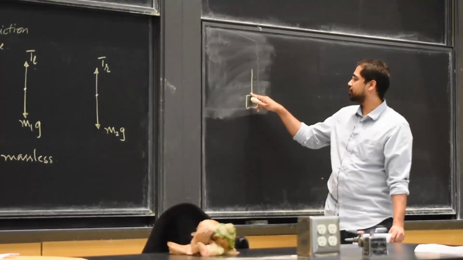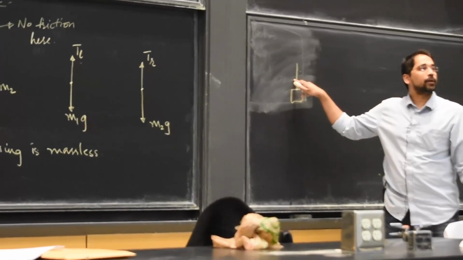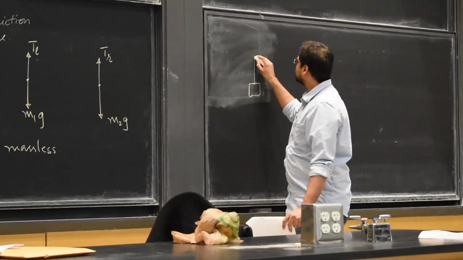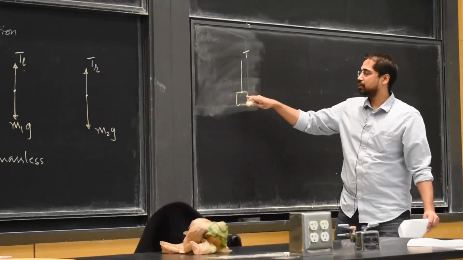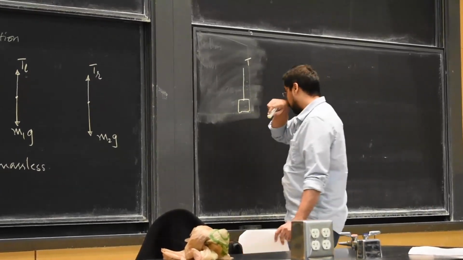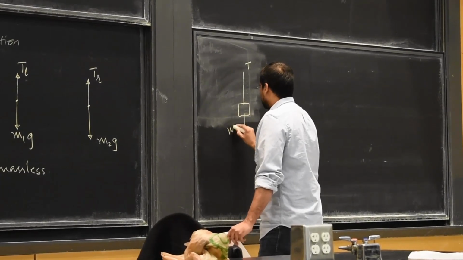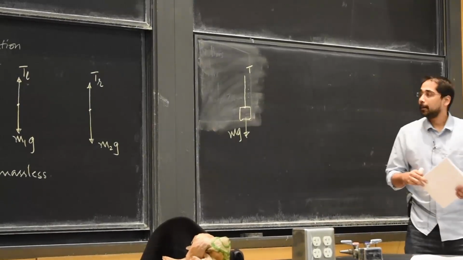So there's some tension right at the point where it's attached, there's some tension a little bit above that point, there's different tension all the way up here. Let's say at some distance away from where the block is, I consider the tension to be T. And the force of gravity on the block is mg.